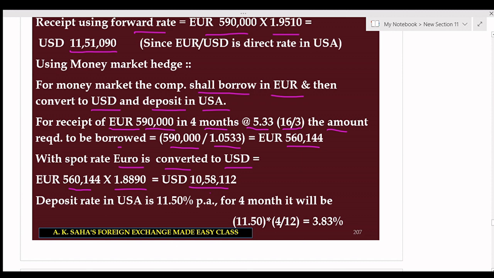5,60,144 multiplied by 1.8890 is equal to USD 10,58,112. Deposit rate in the USA is 11.5%. For 4 months it will be 3.83%.